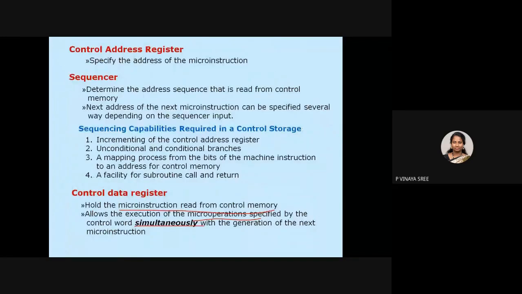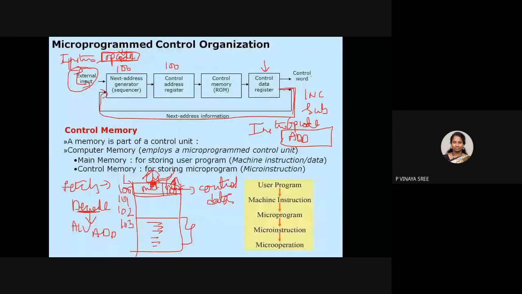Okay. So till now we have discussed about a sequencer and control address register, and with the help of this address register, it goes to control memory of that particular address, and in that address whatever it is mentioned will be placed in the control data register. And control data register is a pipeline register where it executes a micro operation, and simultaneously whatever it is there in that next address will be given to the address sequencer.